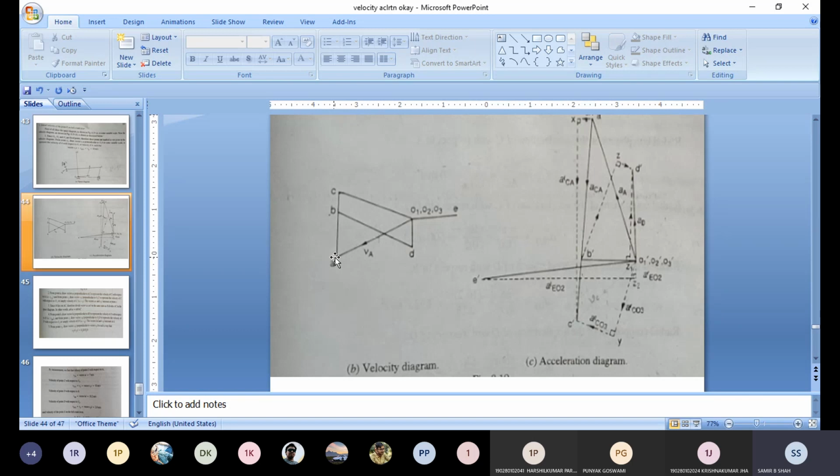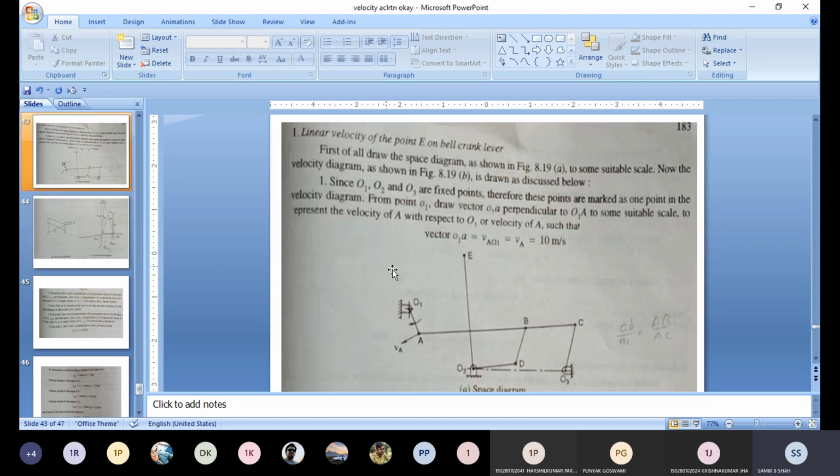After that, talking about AC, once again draw the perpendicular line here.